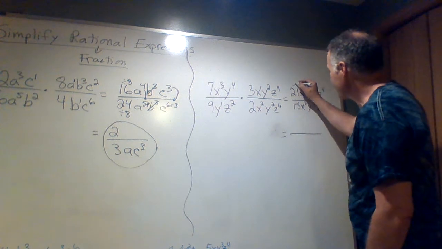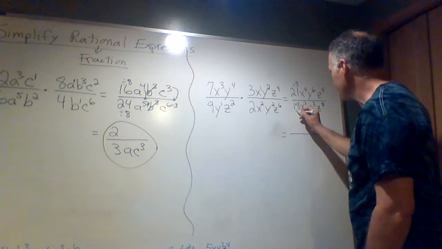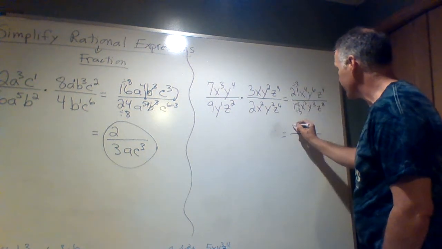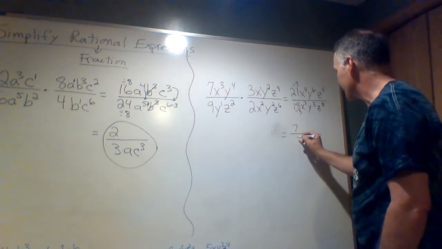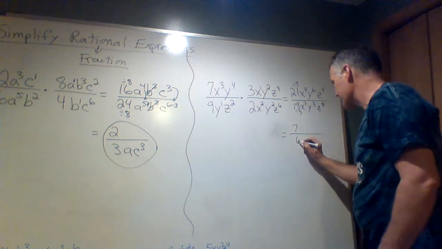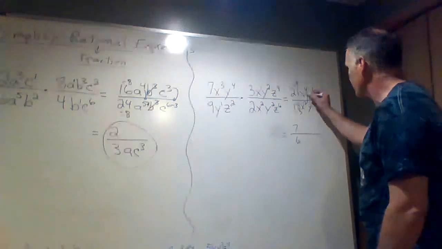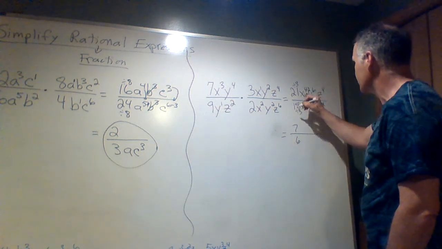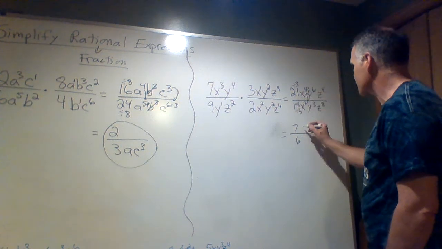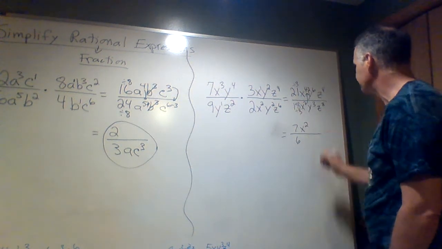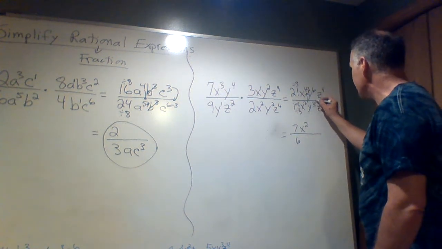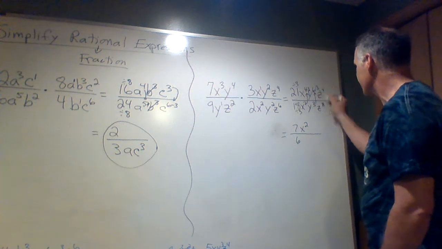The only thing that goes into that is 3. Divide by 3 on the top and bottom. 21 divided by 3 is 7. 18 divided by 3 is 6. So there's my numbers, 7 and 6. The 2 goes up and subtracts from the 4. So x, 4 minus 2, that's going to be x squared on the top. The 3 goes up and subtracts from the 6.